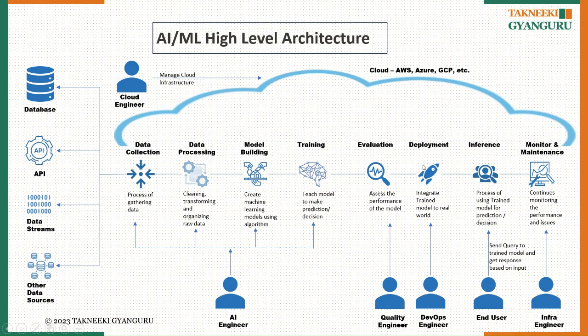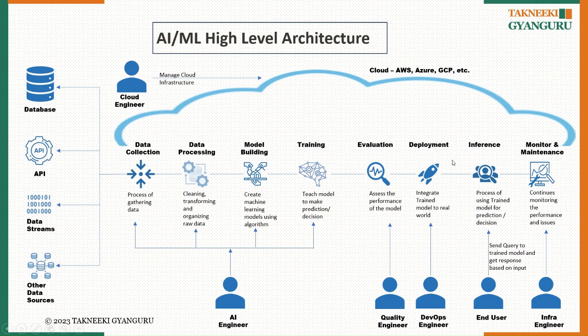And then integrating the trained model into the real world means deployment, right? Deployment means these are developers or engineers who work together to build these models in a development environment that is not accessible by the end user.